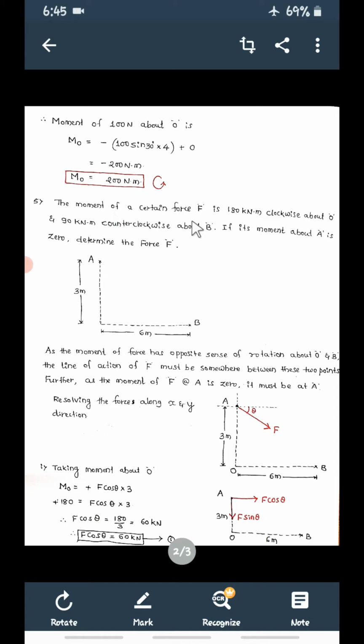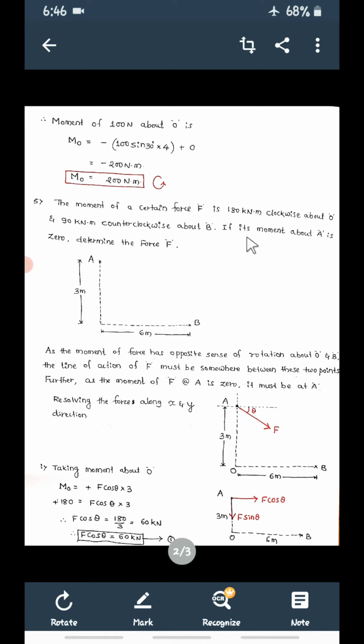There is a force F, and the moment of this force F about O is 180 kilonewton meter clockwise, and the moment of F about B is 90 kilonewton meter, and it is anti-clockwise.